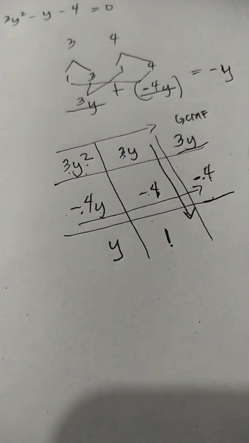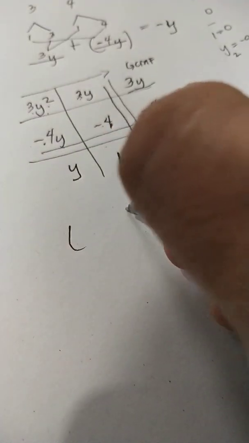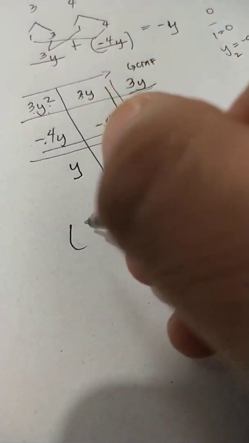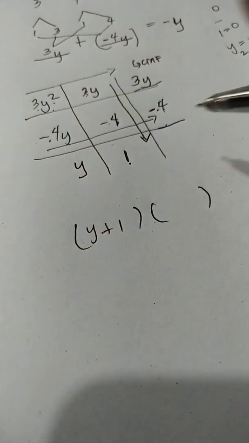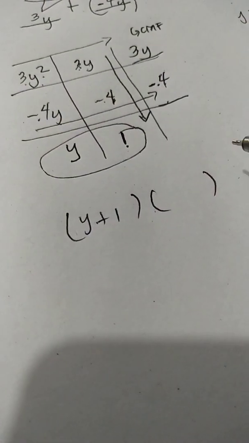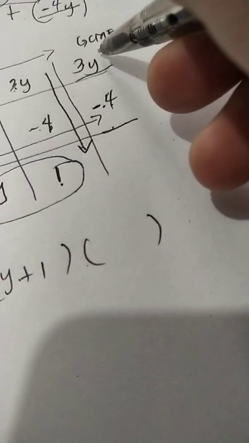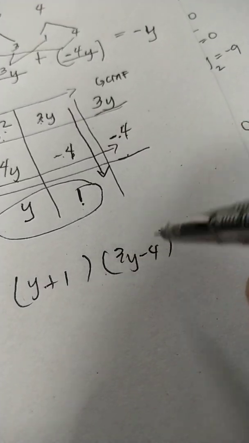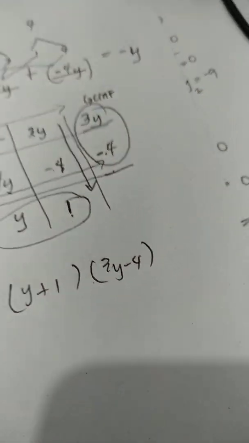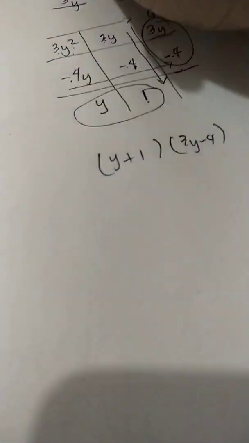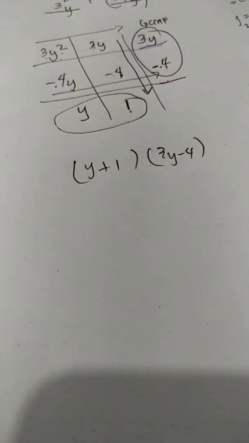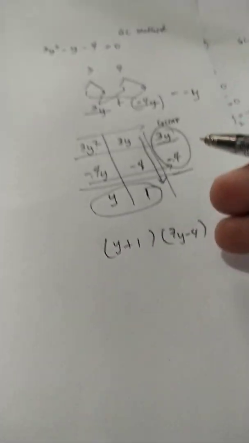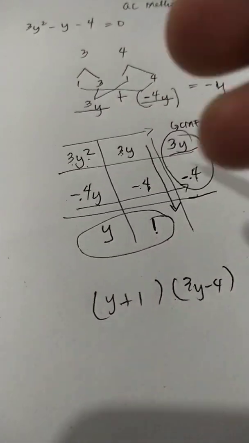Okay? So, what are the factors? We have y plus 1, this one, and we have 3y minus 4. Let us check if we will arrive with the same answer. We will arrive to the given.